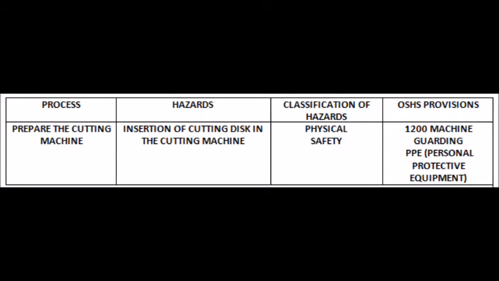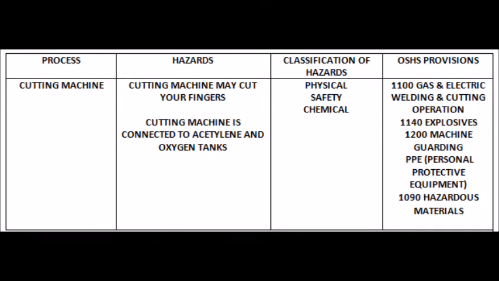For this process, the classification of hazards are physical and safety. The OSHS provisions for this process are 1200, machine guarding, and the PPE or personal protective equipment for the preparation of the cutting machine. For this process, the classification of hazards are physical, safety, and chemical. Chemical is for the acetylene and oxygen tanks.